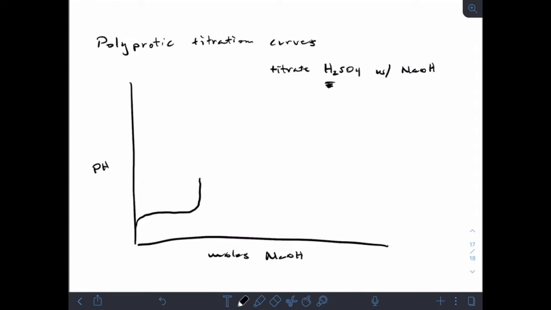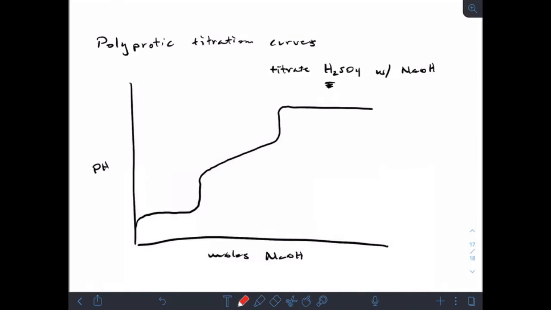But once we hit that, our second proton is not for a strong acid. Now I've got HSO4 minus, which is a weak acid. So after we've neutralized that first proton, we get the typical buffer ramp. And then we'll get a final equivalence point, and things will level off.